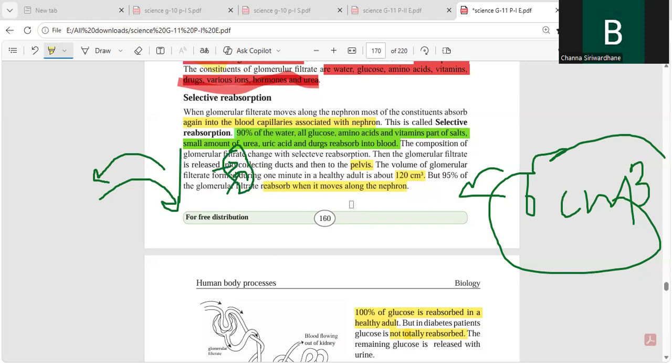If the glomerular filter rate. if ට කලින් ටික ඊට කලින් Right.